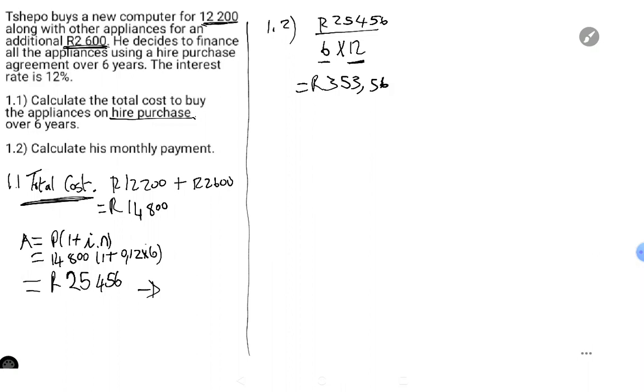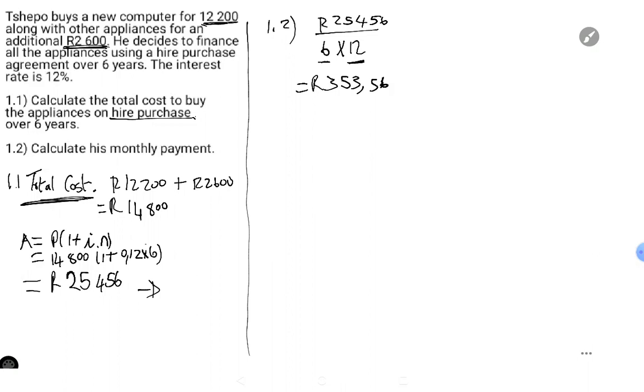And now remember, you need to have a principal amount. Your principal amount is the money that came out of the pocket, which is the 14,800. Then the 1 in the bracket is standard, and the 0.12 is 12 divided by 100, because with 12%, remember in the previous video, or with financial maths 101, you always have to divide your percentage by 100.